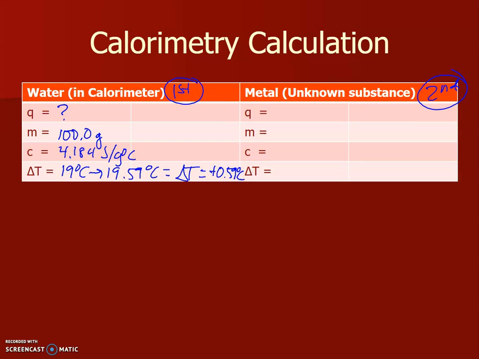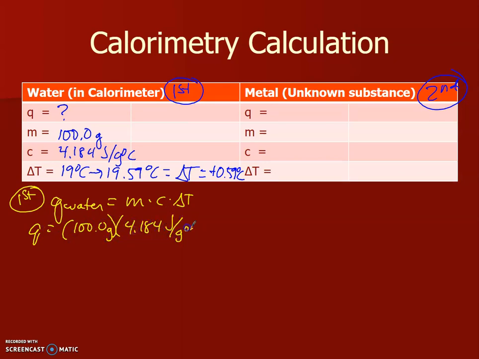Okay, first I'm going to solve for the Q of water by using the m c delta T. I'm going to plug in 100 grams times 4.184 joules per gram degrees Celsius times 0.59 degrees Celsius. When I plug that in my calculator, grams and grams will cancel out, Celsius and Celsius will cancel out, and I'll get my Q value to be 246.9 joules.